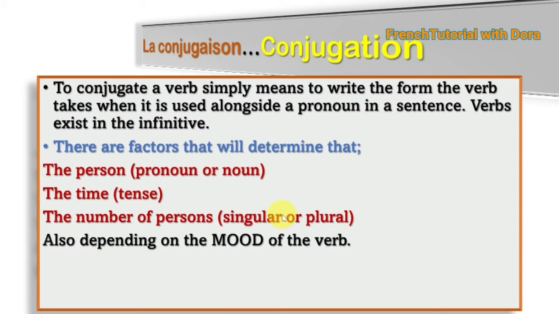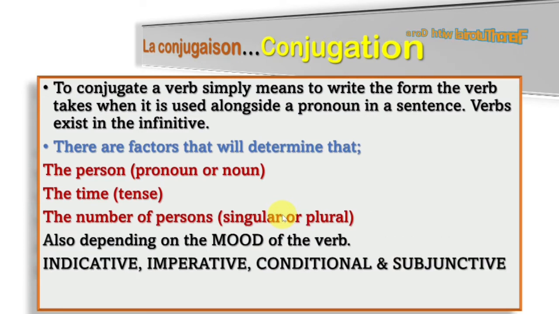You also consider the mode of the verb. Is the verb an indicative statement? Is it functioning in an imperative statement, that's a command, or is the verb functioning in a conditional statement or subjunctive statement? So these are what you consider before you come up with a particular form.